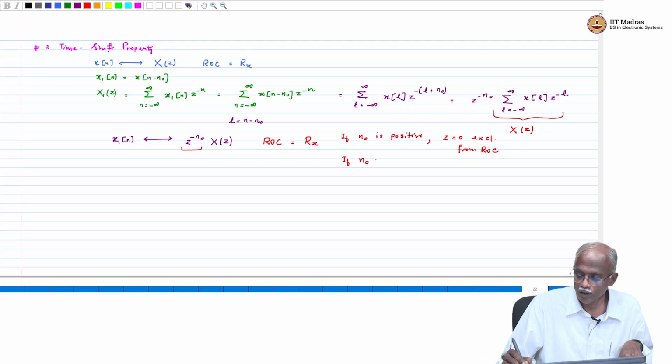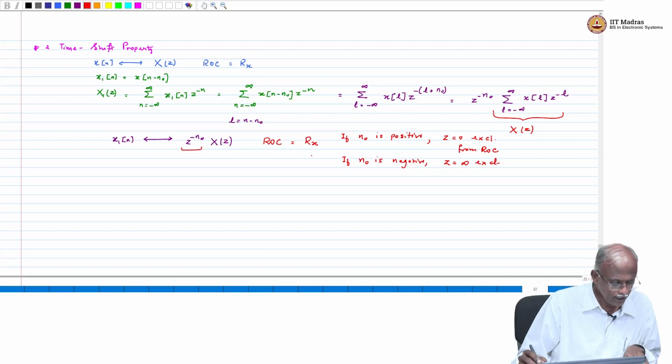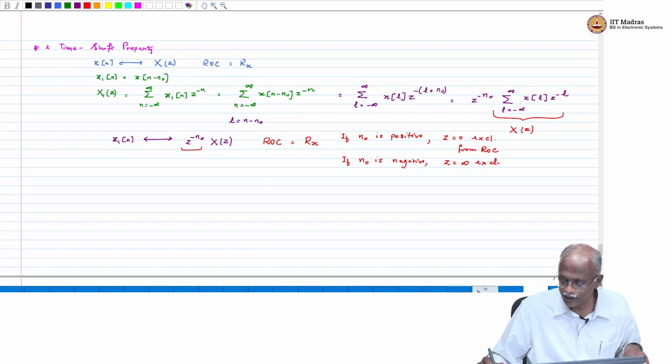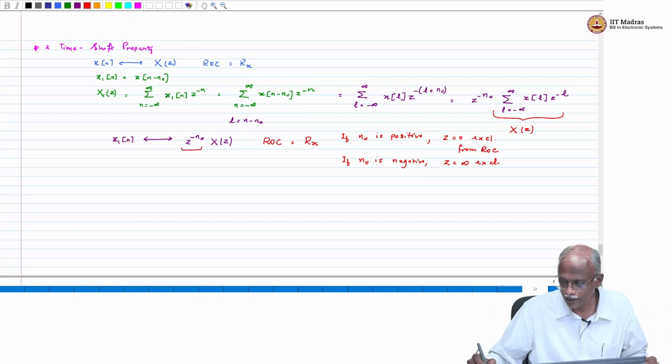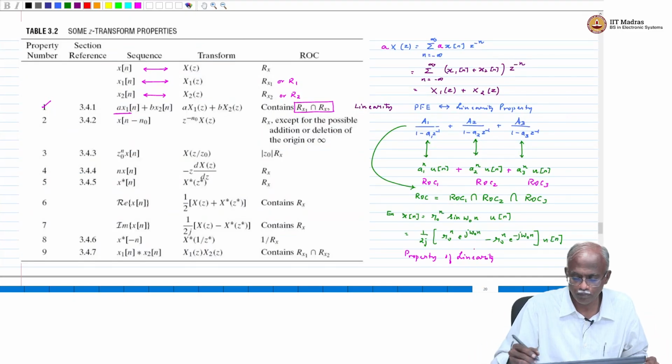If n naught is negative, then minus n naught will be positive, and therefore z equal to infinity is excluded. Okay, so it is the same ROC, except that you may have to exclude one of the two points.